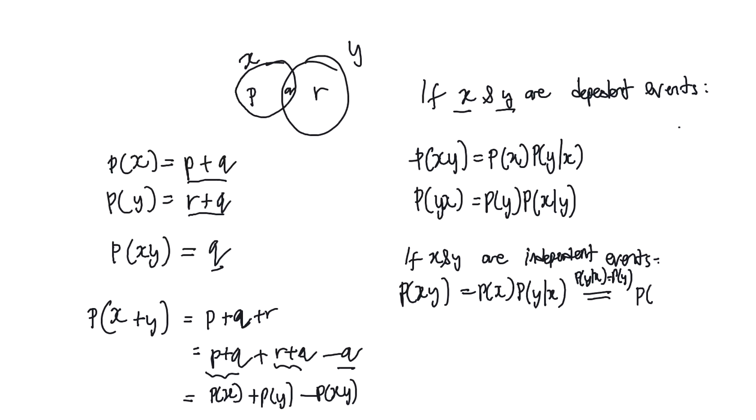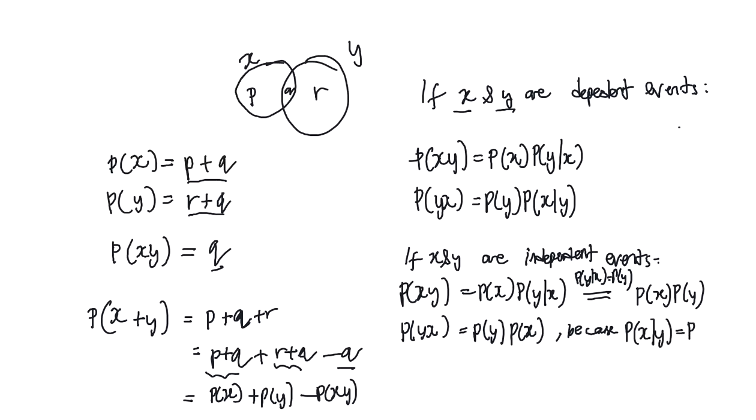So the probability of x and y is the probability of x times the probability of y, and similarly the probability of y and x is the probability of y times the probability of x, because the probability of x given y is just the probability of x.